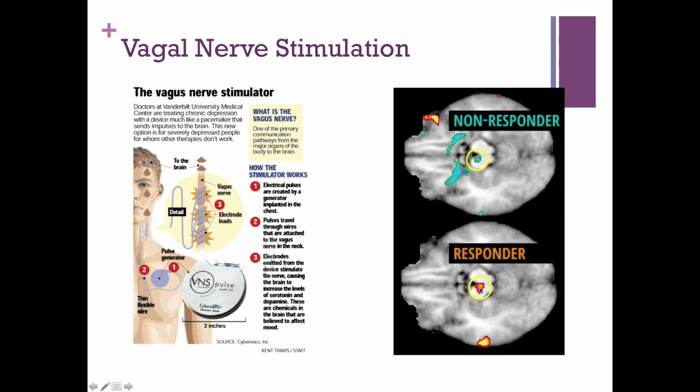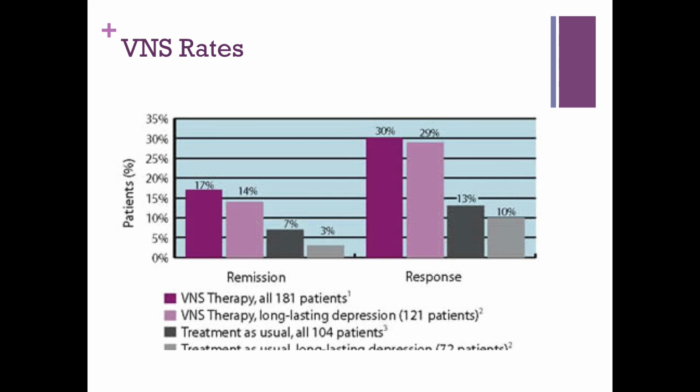Those that respond have a really potent response to it, and they do have an increase in neurotransmitter, but there's a chance that somebody undergoes this super invasive surgery and doesn't respond to it. So this might not be the best way to treat depression. When you're looking at rates, these are patients responding to vagal nerve stimulation.